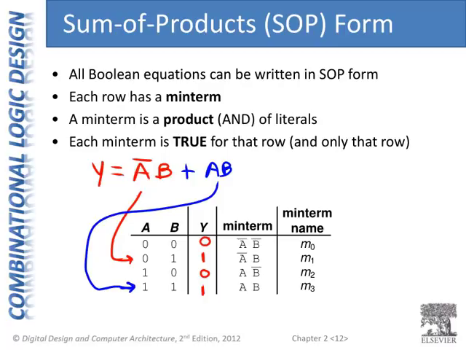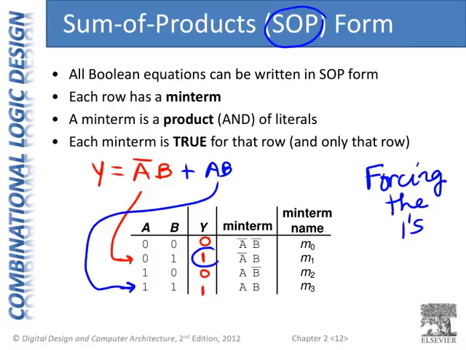And the A and B term will force the output y to 1 in the 1, 1 case. So for sum of products or SOP form, we are forcing the output y to 1. We're forcing the 1s. So when I look at a function, I want to look at, hey, where is it 1? Well, it's 1 in both those cases. So I need to include those minterms, those product terms, in my equation and OR them together. So we can see that it's a sum.